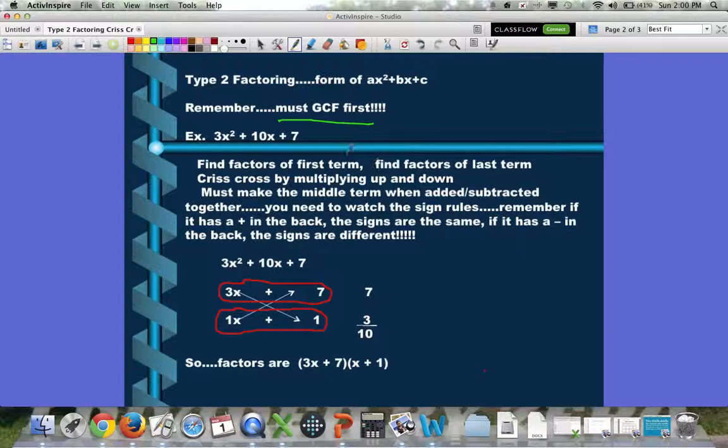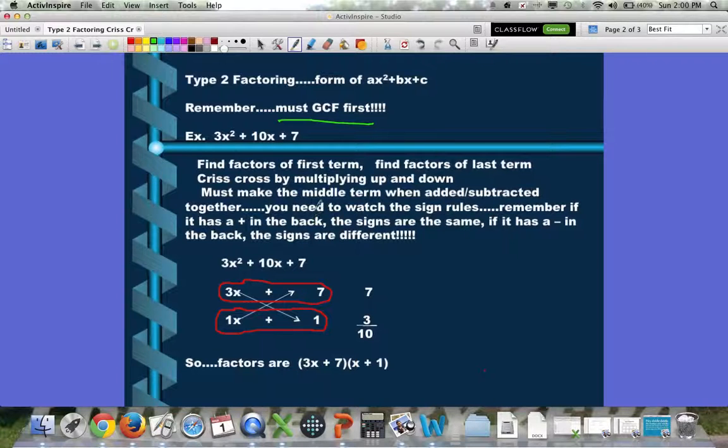Then find all the factors of the last term, your constant term, which would be 7. Then you're going to crisscross by multiplying up first and then multiplying down first. The whole point is to make sure that when you add or subtract them together, the factors make that middle term.